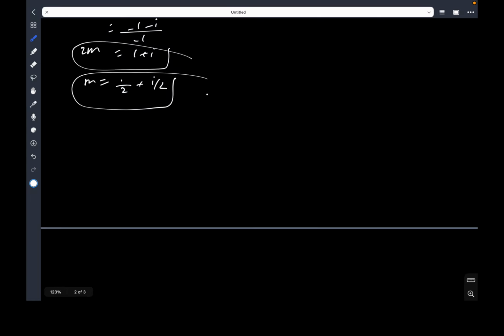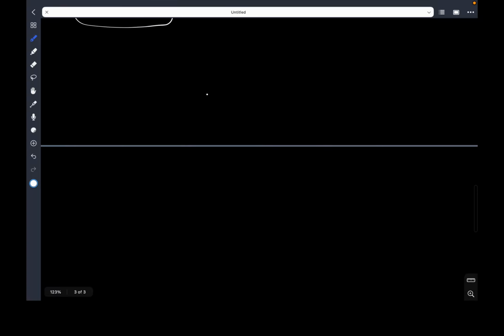So for the other one, 2n minus 1, I'm going to let it be equal to 1 over i. 2n is going to be 1 plus 1 over i, and n is going to be half minus i over 2. If you do all the calculations here, you're going to see why this is true.